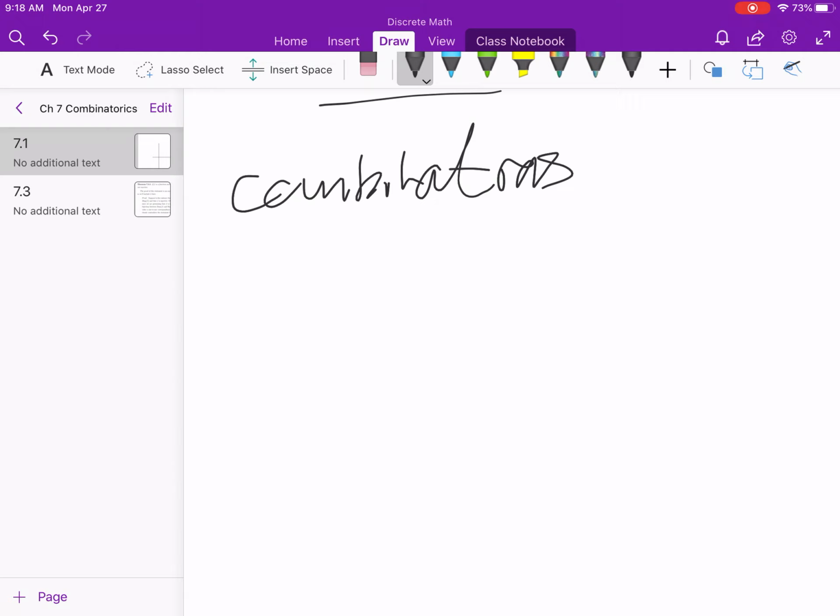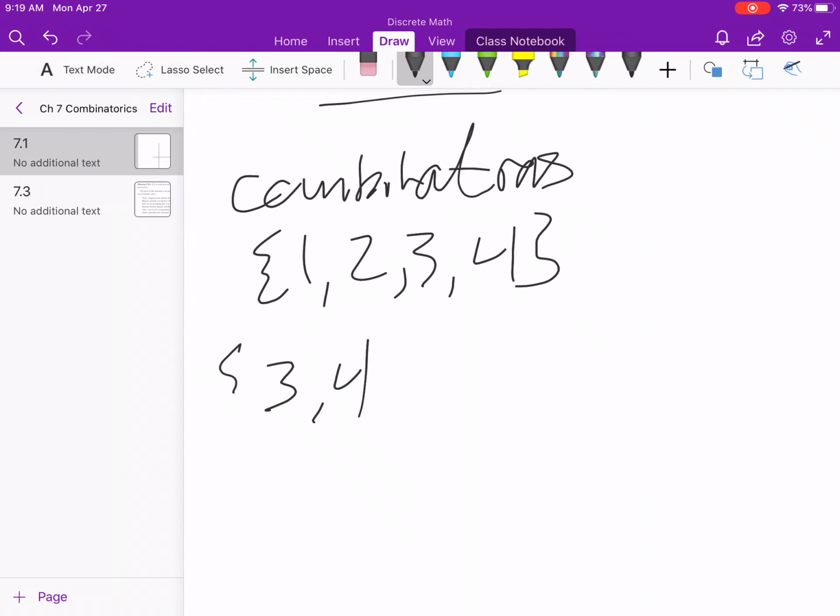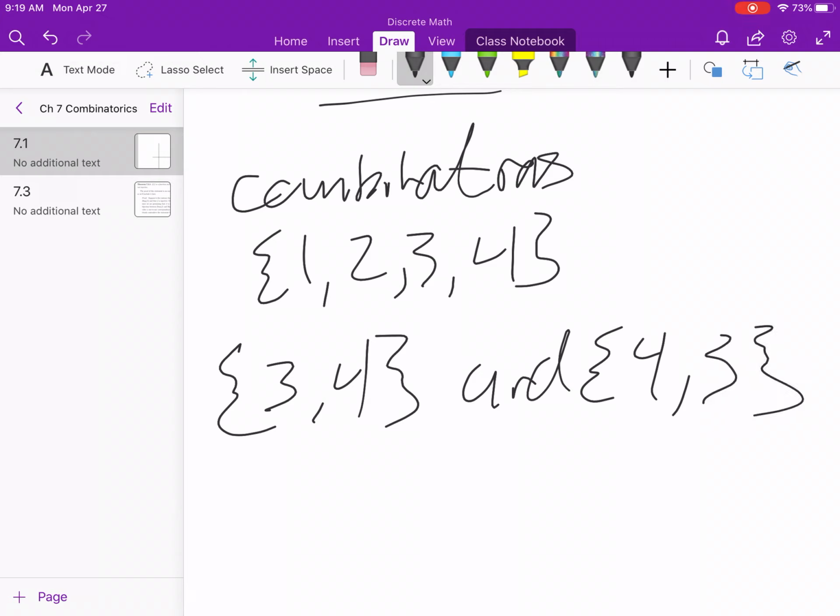By that, I mean, if we go back to our 1, 2, 3, 4 set, and let's say I'm taking these 4 elements and I'm taking them 2 at a time, the 3, 4 and 4, 3 are the same.